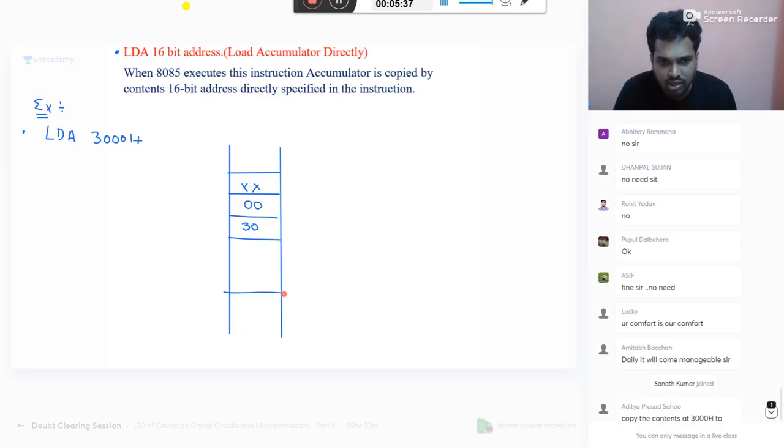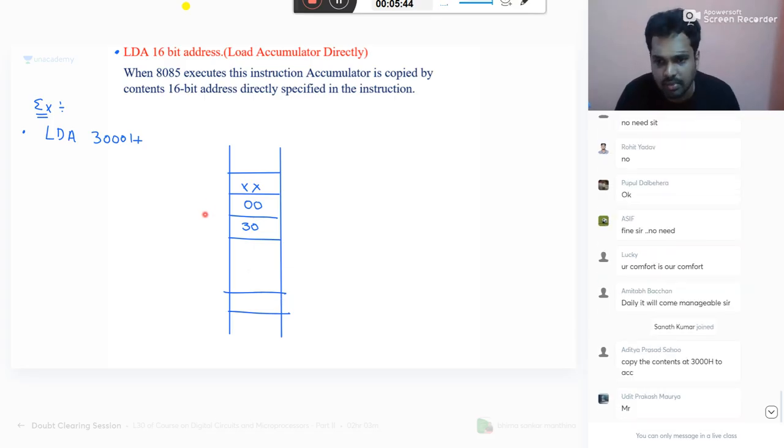Then what the computer will do is load the accumulator with the contents of the memory pointed to by the address given in the instruction directly. Directly we have given the address. The computer will go there, and in this location 3000, whatever you are having, some data, randomly take any number, say 56 or 45, this should be loaded into the accumulator.